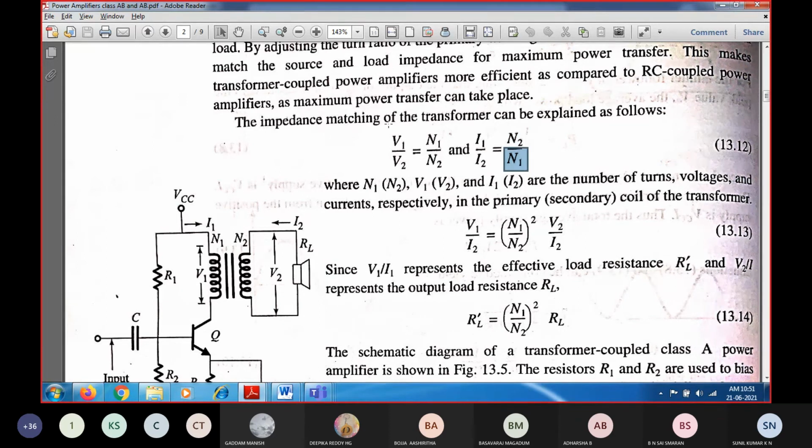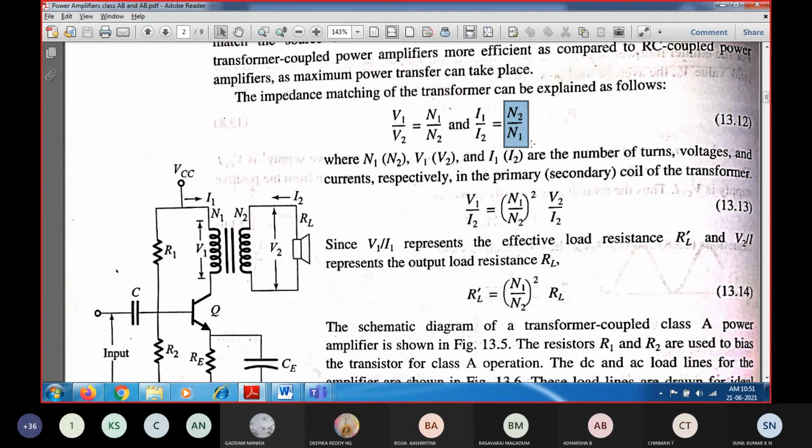This is the relation you see in the case of a transformer: the voltage and current related to the number of turns. So V1 by V2 will be equal to N1 by N2, and I1 by I2 will be equal to N2 by N1.